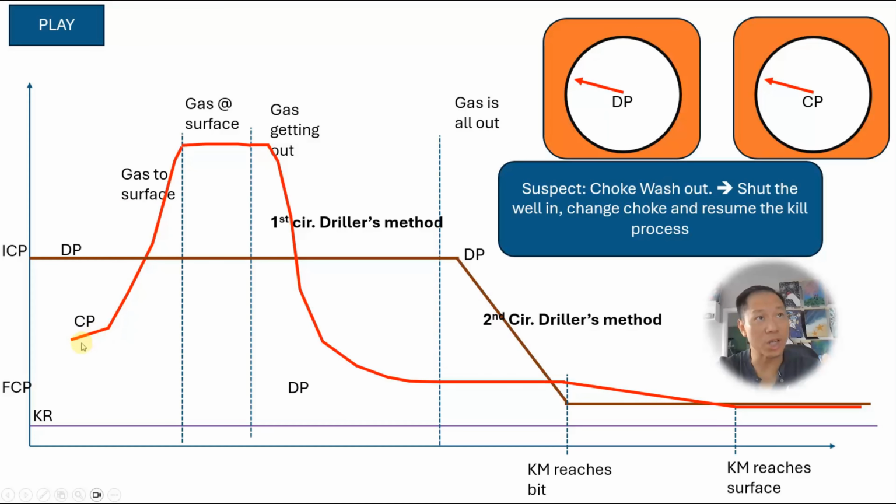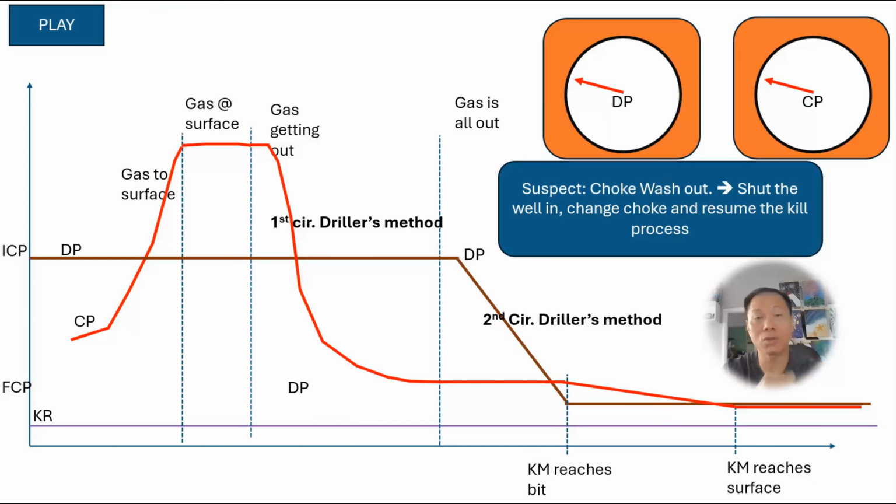In the first stage, when gas is traveling up in the annulus, the casing pressure will rise. If you have a choke washout in this scenario, it will be very challenging, because the washout reduces the casing pressure while at the same time the gas traveling up increases the annulus pressure, so they cancel the effect of each other.